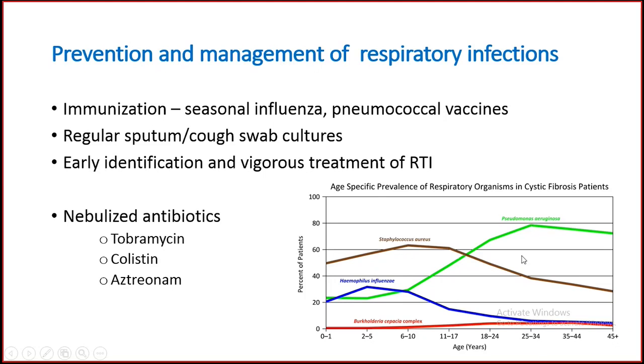As they grow older, almost all of them, about 80% here, though in our setup most of them, colonize with Pseudomonas. For that situation, we have to use long-term antimicrobials like tobramycin, colistin, and aztreonam, which are specific nebulized antibiotics, used alternately: this month tobramycin, next month colistin, again tobramycin, to prevent the development of resistance.